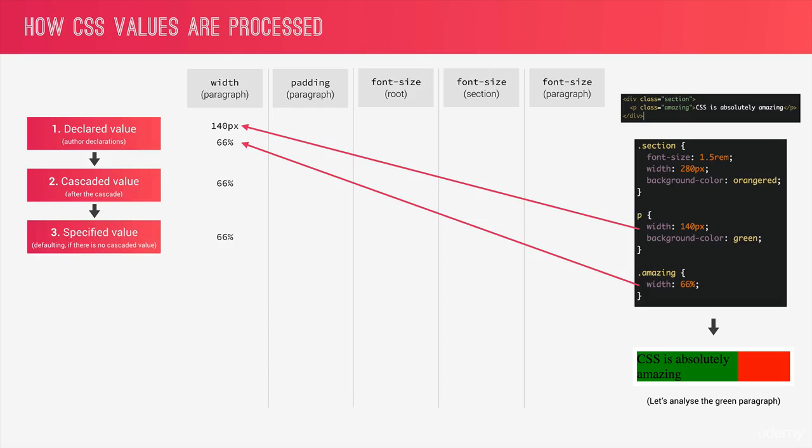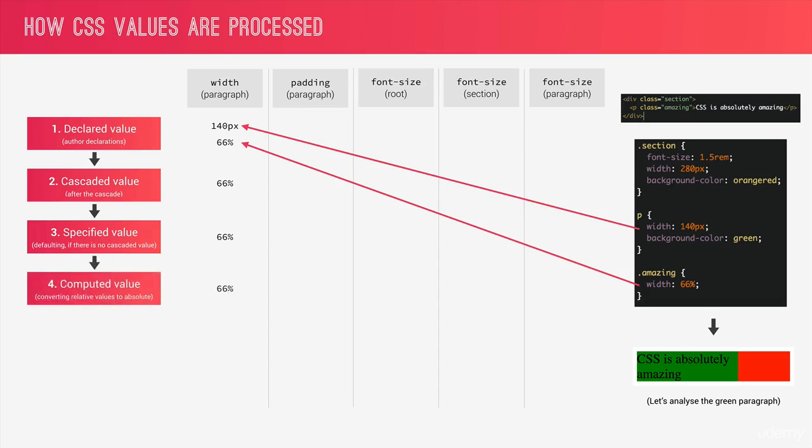Alright, so next up in the sequence, there's something called the specified value in the official CSS specification. And this one is the default value of a certain CSS property. In this case, it's not really relevant because we have a cascaded value already, but we'll come back to this later. Next, there's the computed value.